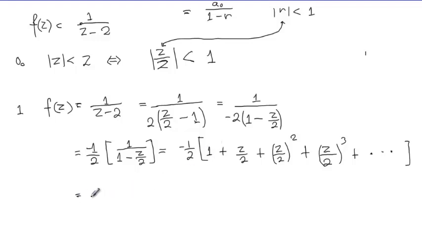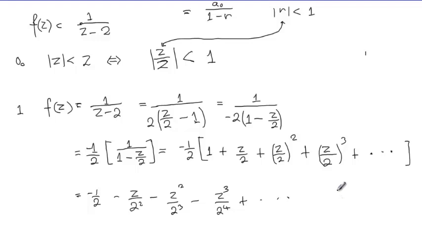We're going to have minus half, minus z over 2 squared, minus z squared over 2 to the power 3, minus z cubed over 2 to the power 4, and so on.